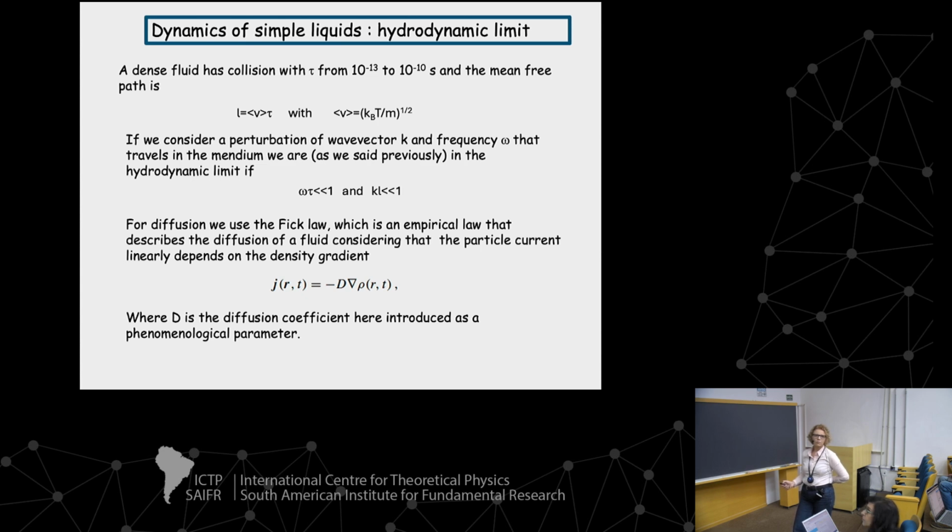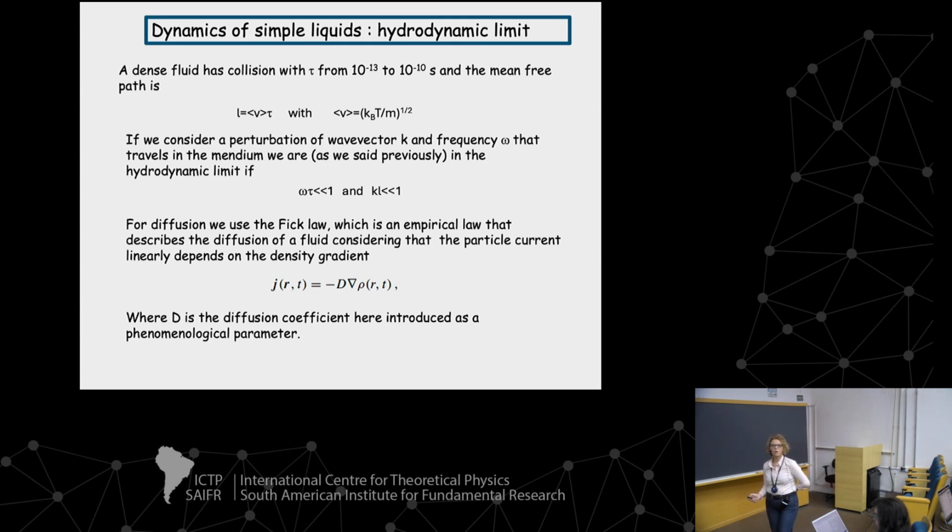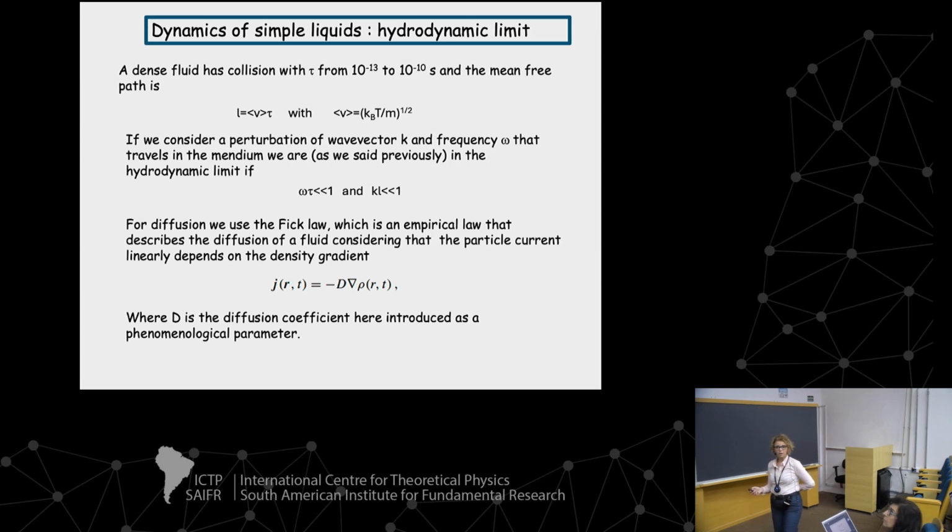So particles tend to have a uniform density. If the density is high, the particles go lower. If the density is low, the particles go faster in order to restore the uniform density. And D is the diffusion coefficient, which here is the same as Einstein's one, but is introduced as a phenomenological parameter in this Fick law.